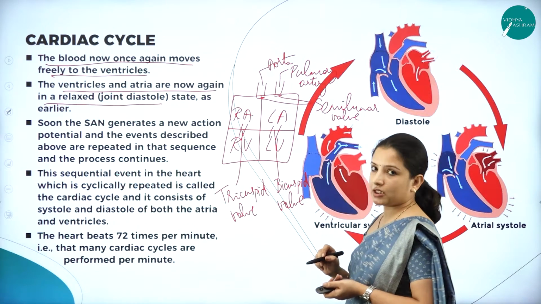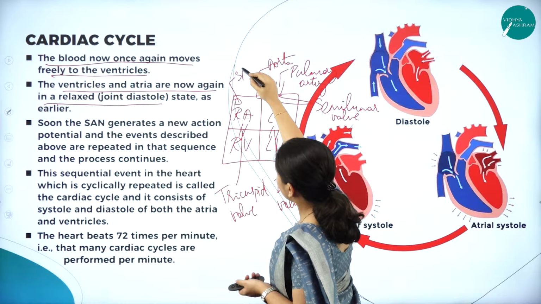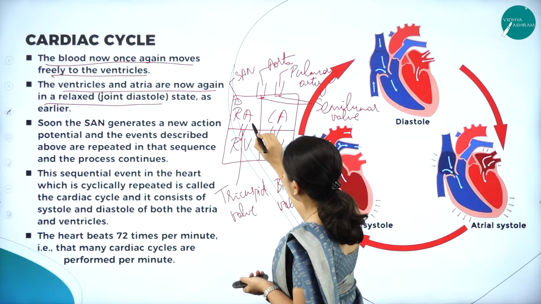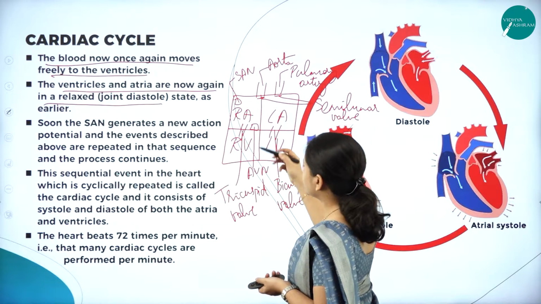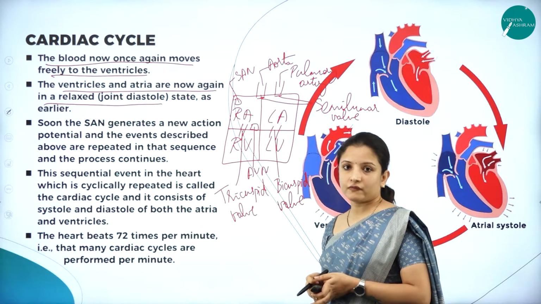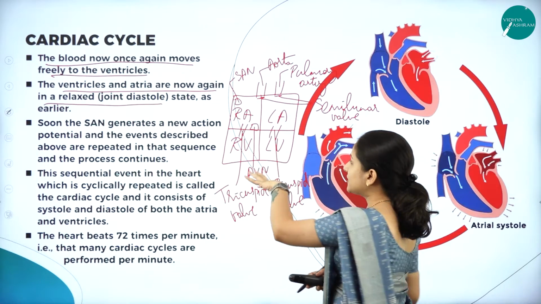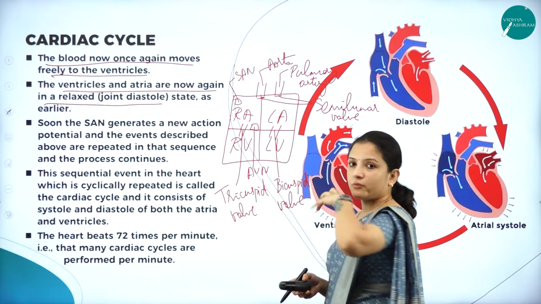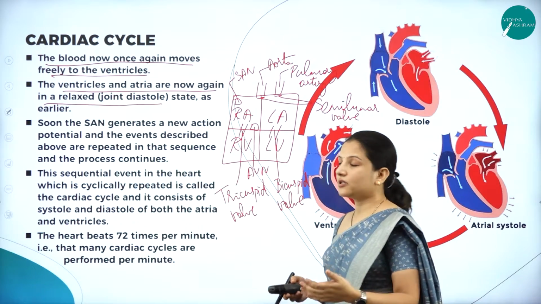So much we studied, and we understood that there was the SAN, the sinoatrial node here, and an atrioventricular node here. All the functions of the atrioventricular node we understood. That atrioventricular node was the one that actually passed the action potential to the ventricles, first causing the contraction of the ventricles. So we had learnt all that.